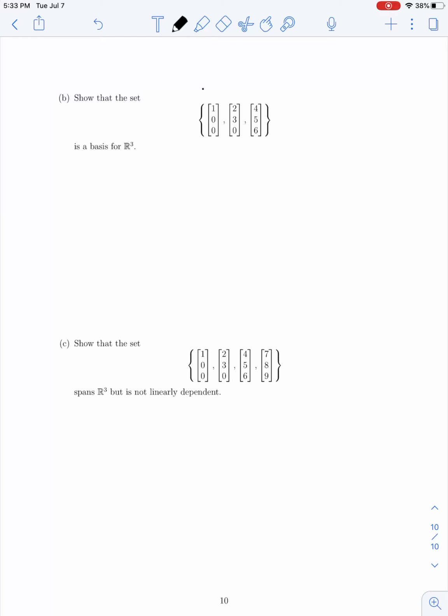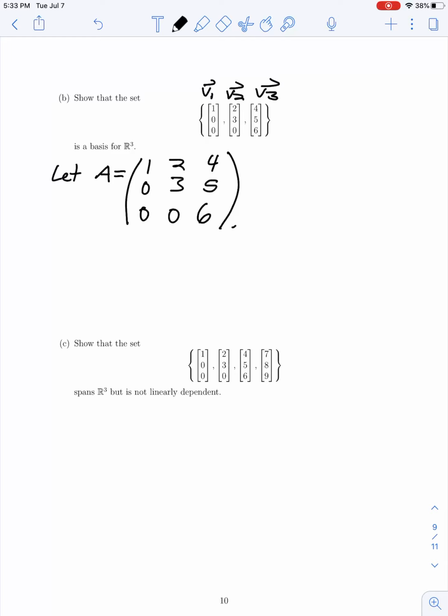So in part B, let's suppose that we have the following set where we take the same two vectors v1 and v2 and we add a third vector v3. We want to show that this set forms a basis for R3. Similar to an example that we considered earlier in this section, an easy way to show that this is a basis is to consider a matrix A, which has these vectors as its columns, and show that this is invertible.